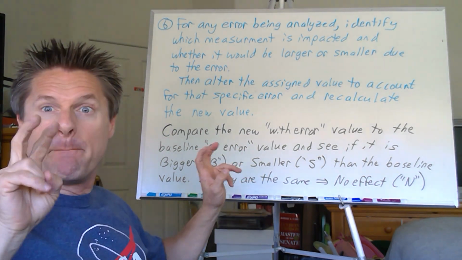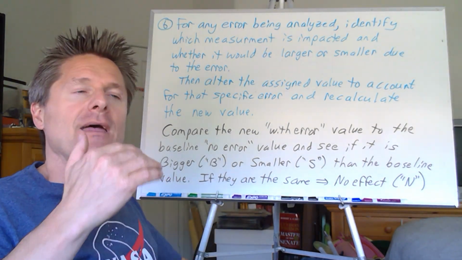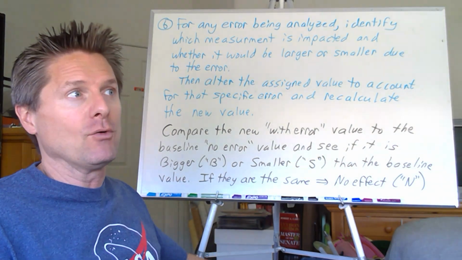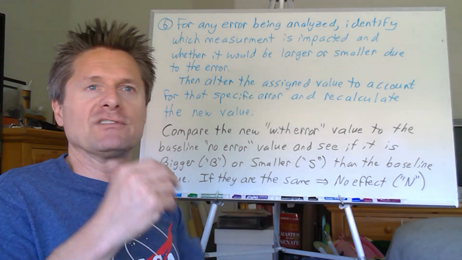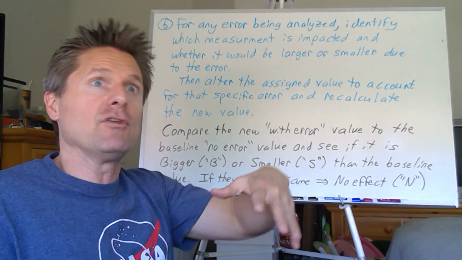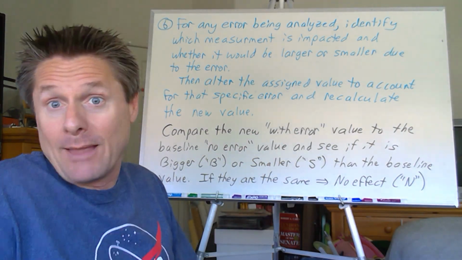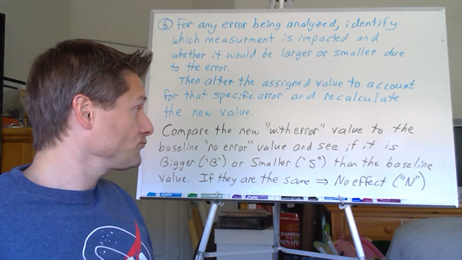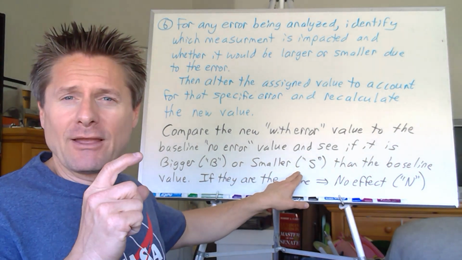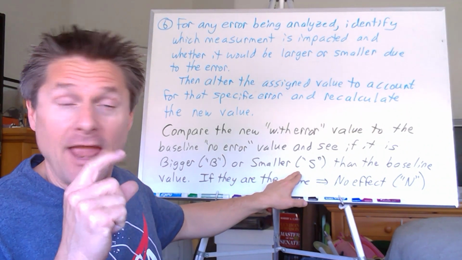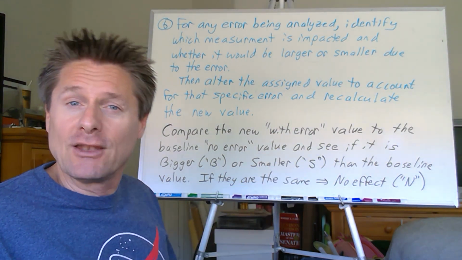So we can use, like, say, a capital B to say this would give you an error on the big side. Let's say our true value was 0.52 grams. Well, this would give you, say, 0.6 grams or something. It'd be bigger than what it should be. Well, let's say the value you calculate accounting for the error is smaller than the baseline, assuming no error.